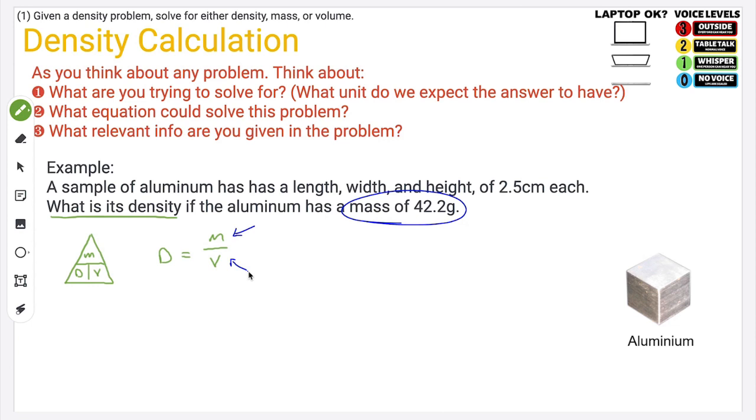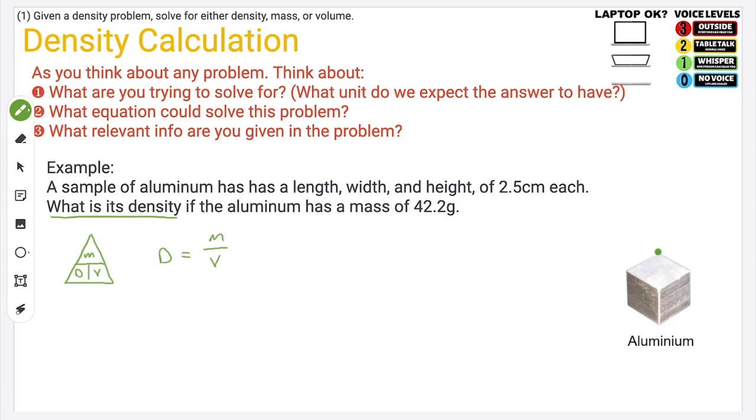Okay, now look at this cube right here, because we do have a cube. They're all 2.5 centimeters on every side, right? If we have a length, a height, and a width, and all of them are 2.5 centimeters, length times width times height gives you volume.